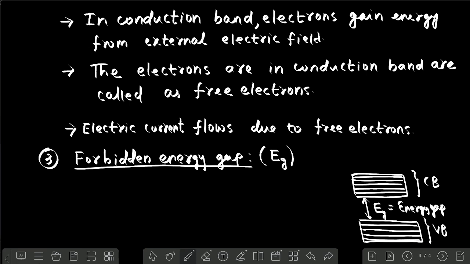So CB means conduction band, VB means valence band. What is the forbidden energy gap definition? Energy gap between conduction band and valence band is called forbidden energy gap.